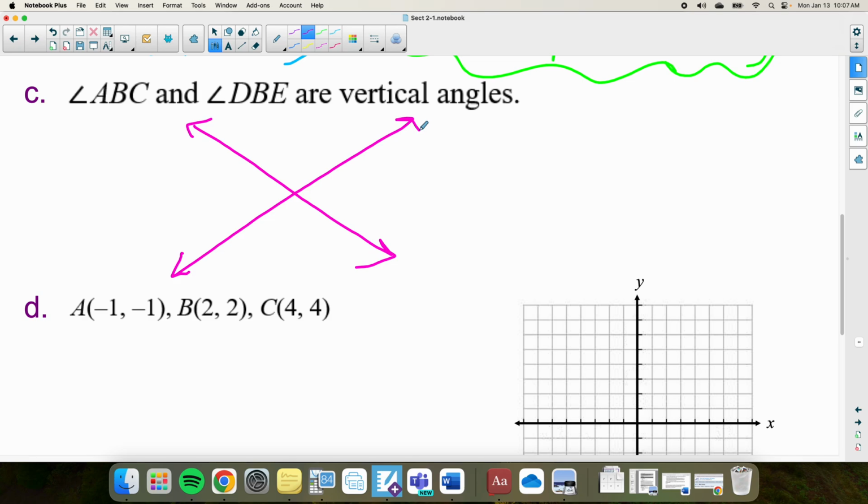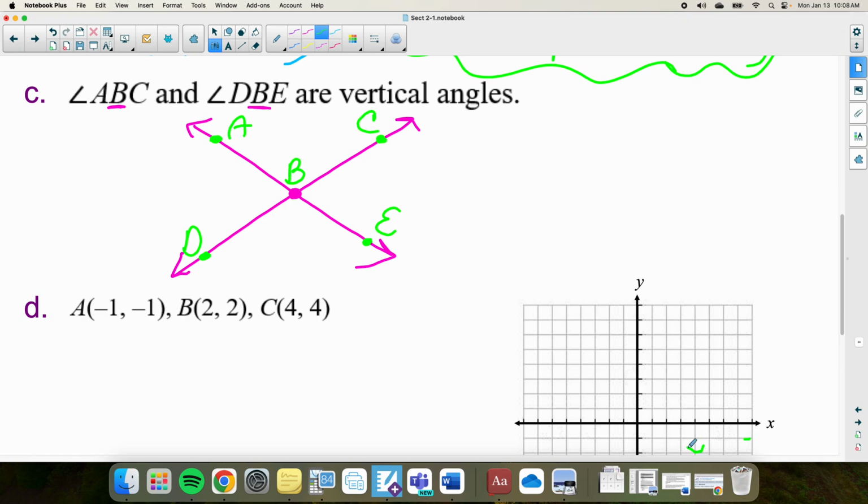Notice each of these has B in the middle, so this point right here is going to be B. Then one of our angles is ABC, so I'm going to have this be A, B, C. And for the other one, I'm going to call it D, B, E. Now they're telling us these two angles are vertical.